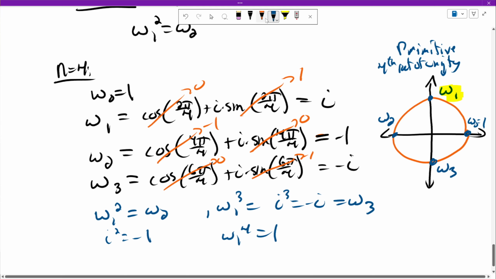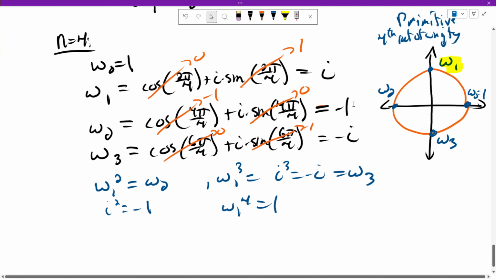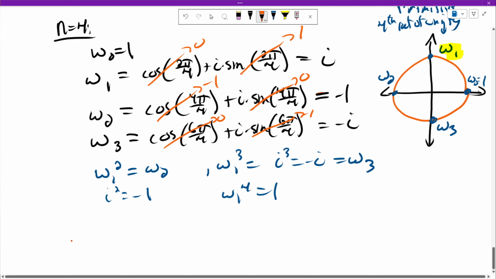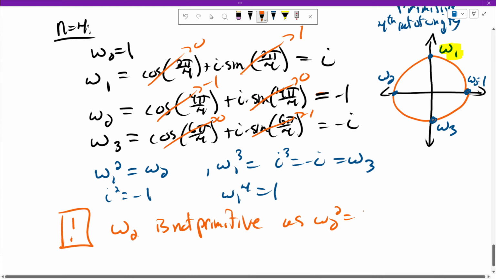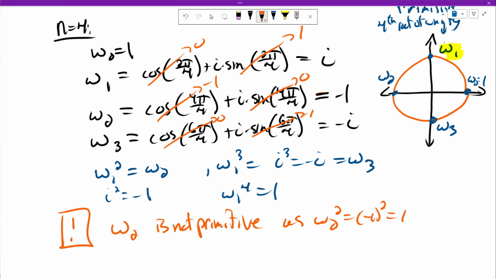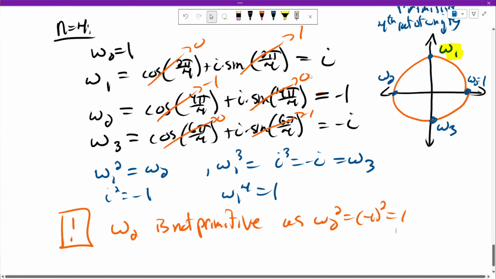W2 is not a primitive fourth root of unity. So let me put here caution. W2 is not primitive because when you just have -1, that's what W2 is, you go back to 1. So you skip over W3 entirely and you will never get W1 from that. So W2 is not primitive. You can't get everything with W2.